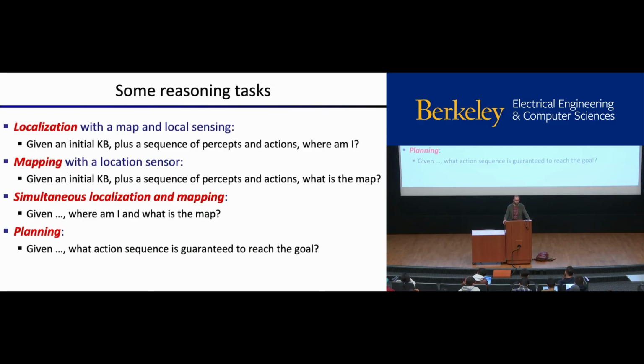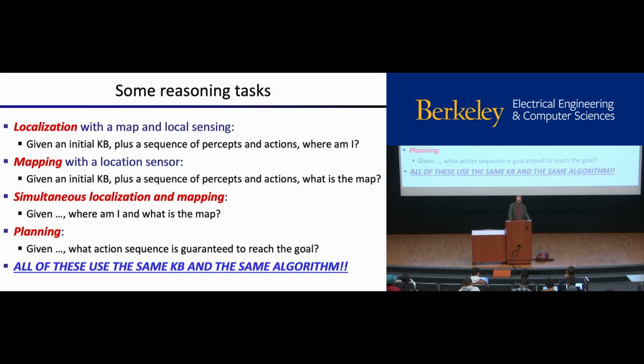We can assert Pacman is at the goal state at 336 at time 6. What actions must have transpired in the middle, or what actions might have transpired in the middle? So that's how we can use logic to design agents that plan. They can do all these things at once. And they all use the same knowledge base and the same algorithm.